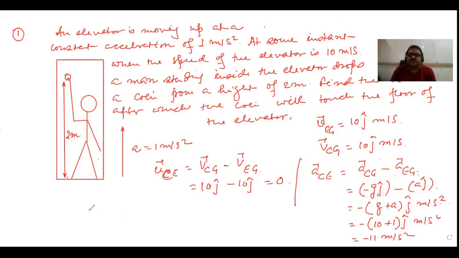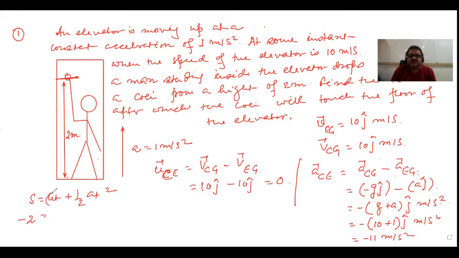Now look at this, what I'm doing, I'm applying this formula, S equal to ut plus half at square. Now S means what? This 2 meter. Okay, so it is falling. Look, if I consider this as the level of throw, so it is falling down. This will be equal to minus 2.